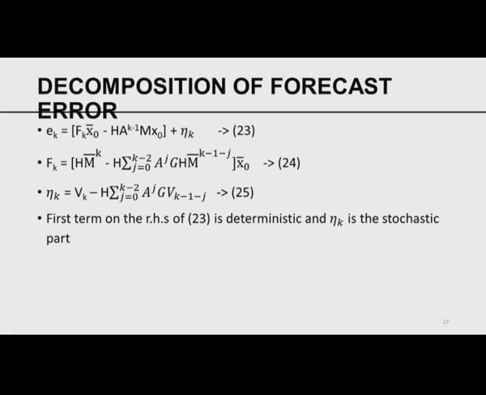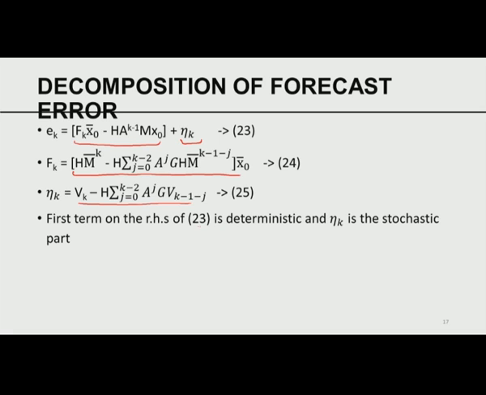I am now going to rewrite this expression Ek for the sake of convenience, as a deterministic part plus the random part. The deterministic part has this expression, the random part has this expression. So 24 and 25 correspond to the deterministic part of the forecast error and the random part of the forecast error.